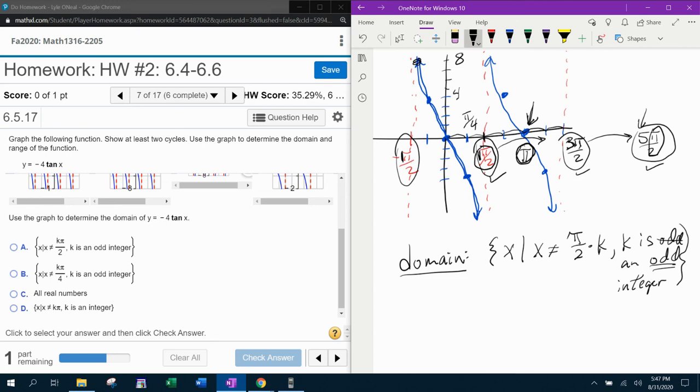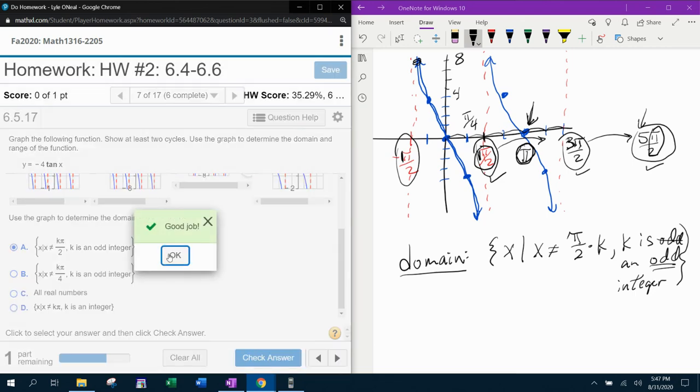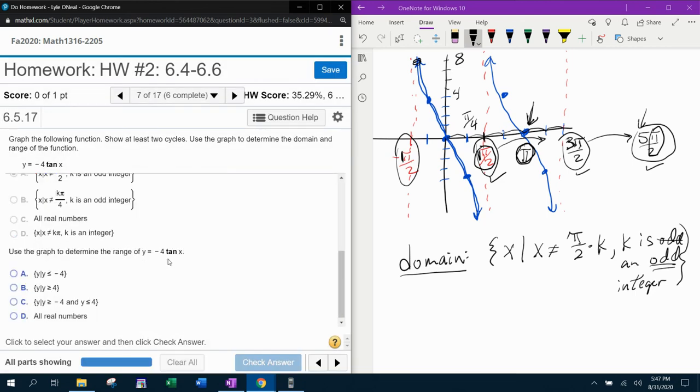So this is producing our asymptotes. So we're going to say answer choice A is correct because this fraction, k pi over 2, is the same as pi over 2 times k. Those are identical. Yay, so I didn't lie to you.